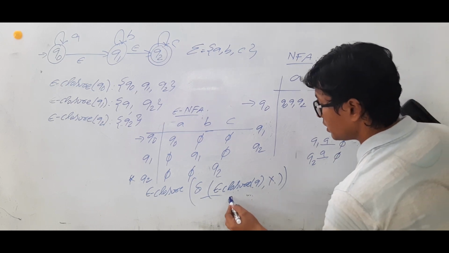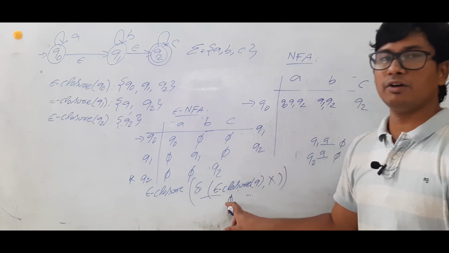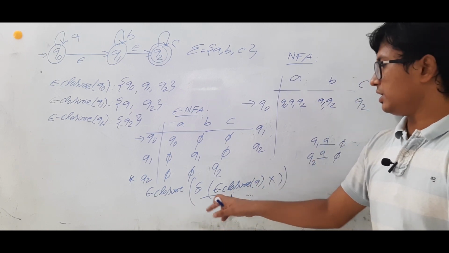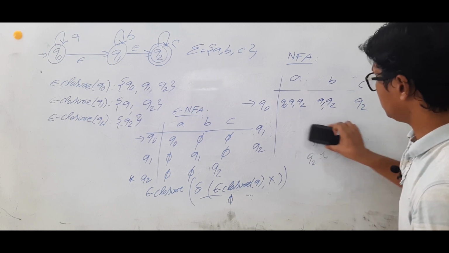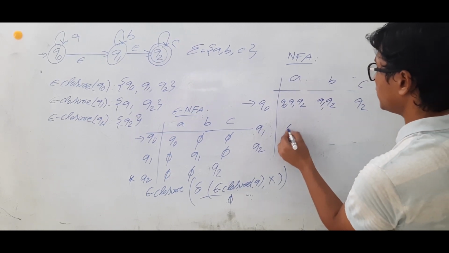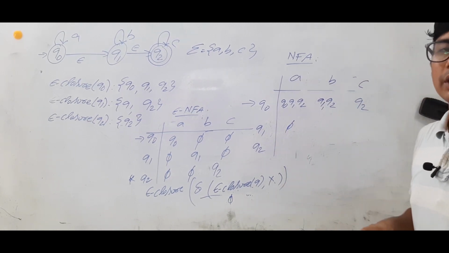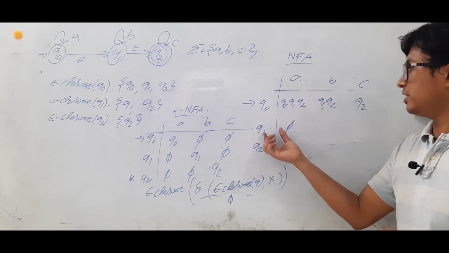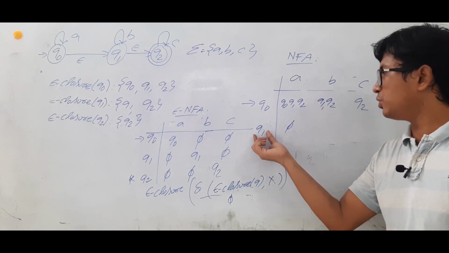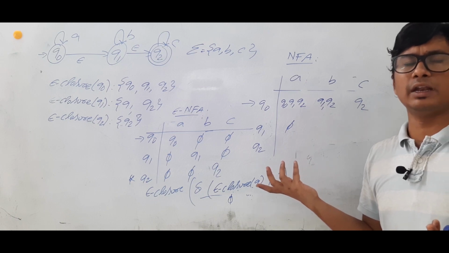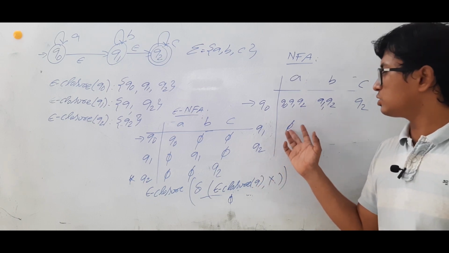So, this is empty. Epsilon closure of empty is empty. So, you will not go anywhere. Q1 on A, you will not go anywhere. As it is in an NFA, it can go nowhere. Meaning, from Q1 on A, you need not represent any transition. So, it is valid.